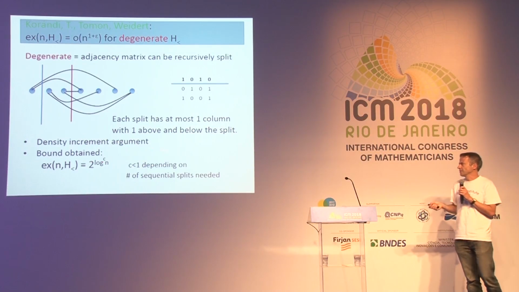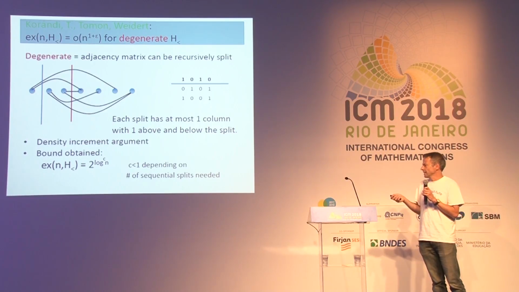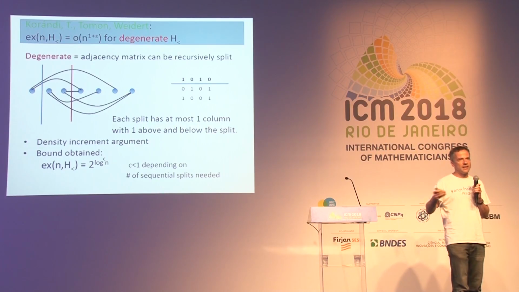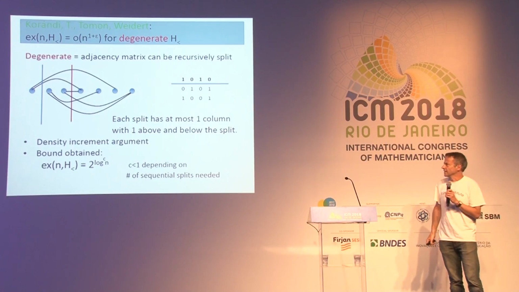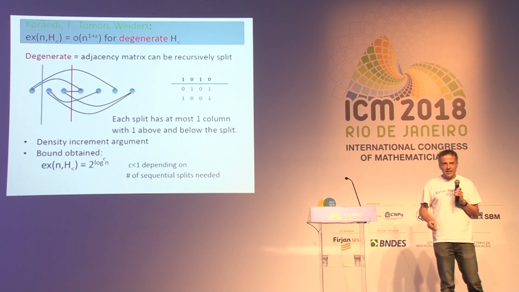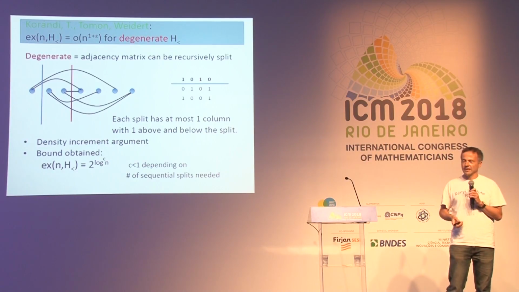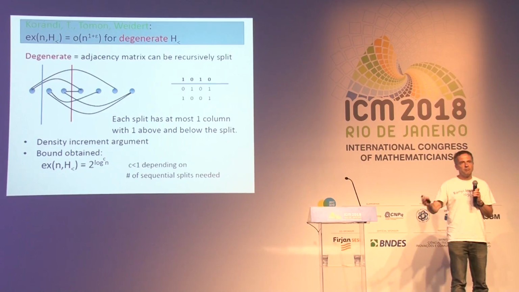And just a few words on the proof. It's a density increment argument, meaning that you start with a graph that has enough edges that you think they should actually contain this as a subgraph, and then you try to build this graph as a subgraph, and then you do this, you do that, and then you might get stuck.